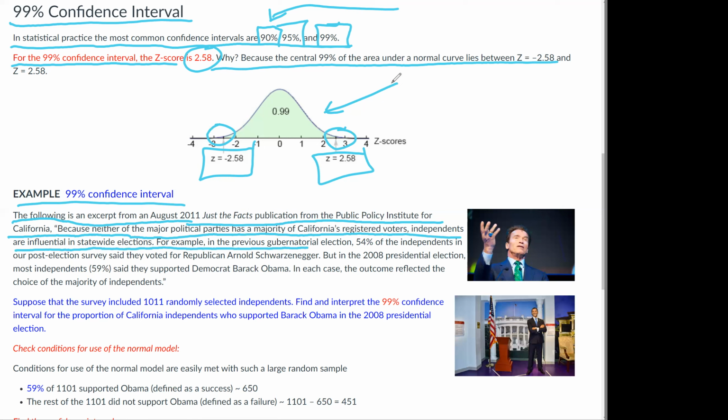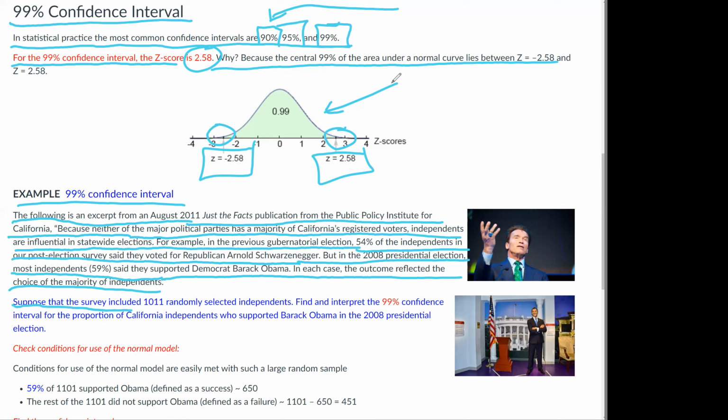For example, in the previous gubernatorial election, 52% of the independents in our post-election survey said that they voted for the Republican Arnold Schwarzenegger. But in the 2008 presidential election, most independents, 59% of them, said that they supported Democrat Barack Obama. In each case, the outcome reflected the choice of the majority of independents.